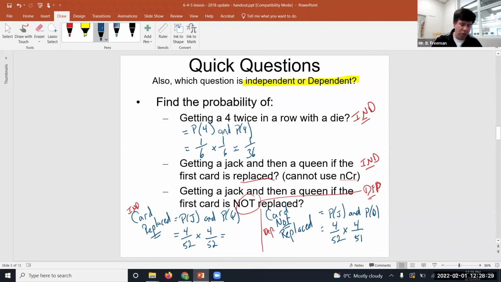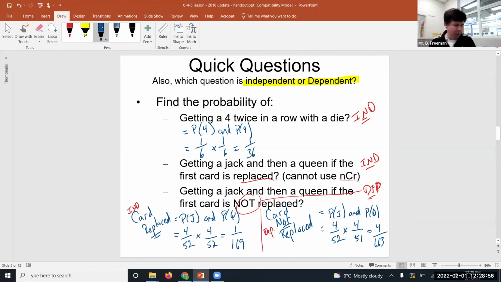So this is going to equal to 4 times 4 is, of course, 16. 52 times 52 is 2,704. You can use technology for this, but it will go and reduce down to a fraction of 1/169. Whereas this one here goes and reduces to a fraction of 4/663. Use your fraction rules if you want, or just go straight to technology and get the reduced fraction here.